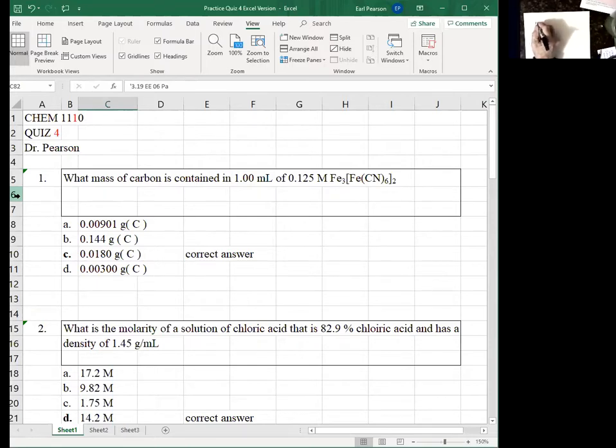So I want 1 milliliter of 0.125 molar Fe4[Fe(CN)6]3. Okay, and we want the mass of carbon.